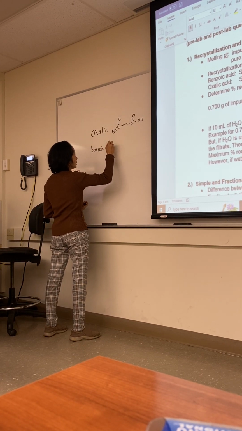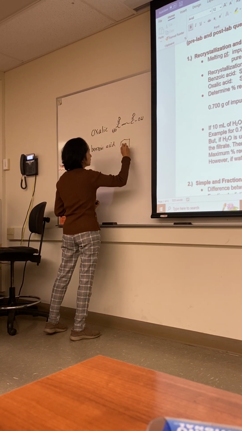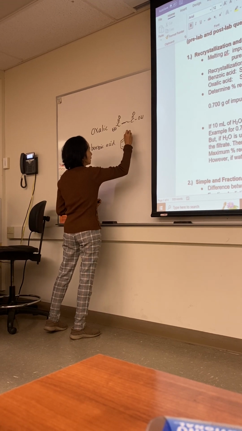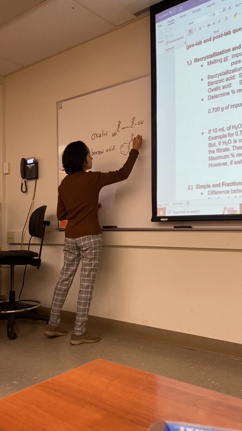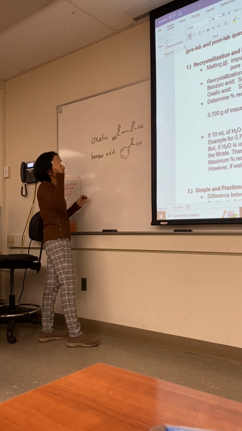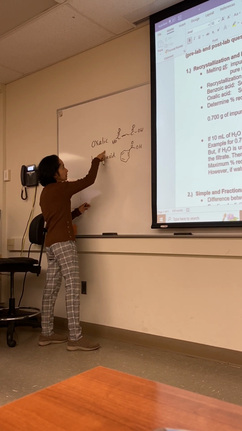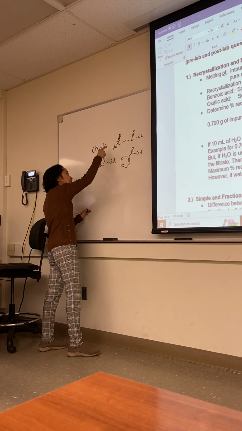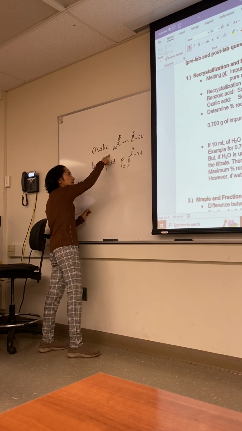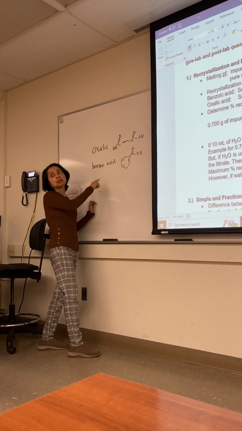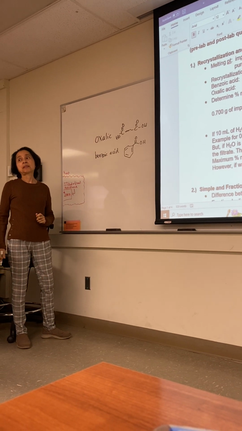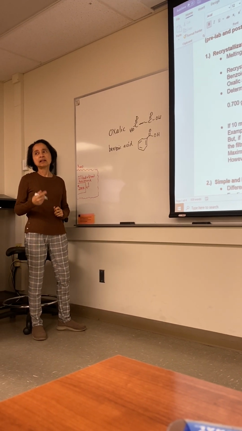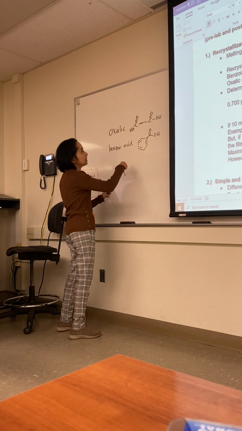The structure of benzoic acid has a benzene and then a carboxylic acid, so this would be more hydrophobic. It has less solubility in water than this. So if you're using water, it's difficult to crystallize this because it's all dissolved in water. This one will stay in solution. You get that? The solubility of this is a lot lower.